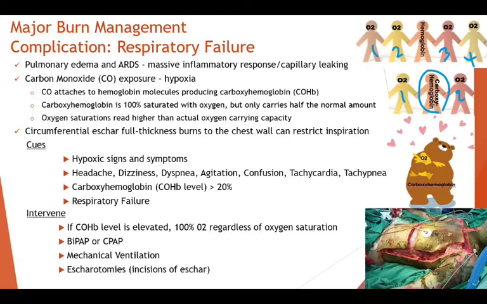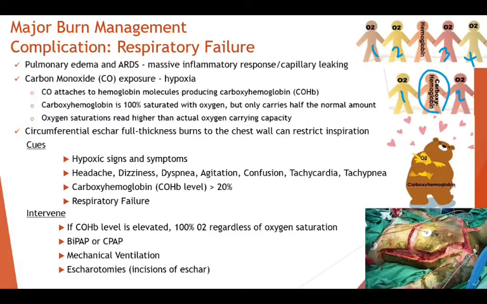The other thing that we will watch with patients with any kind of upper airway inhalation injury is a carboxyhemoglobin level. If you have inhaled carbon monoxide, you will have an increase in your number of carboxyhemoglobins. So any carboxyhemoglobin level greater than 20 is considered carbon monoxide toxicity.